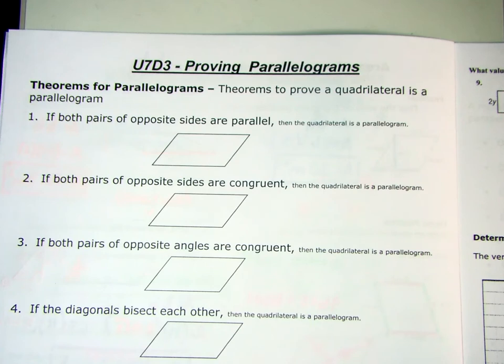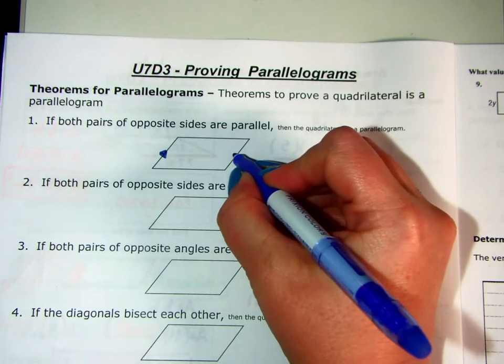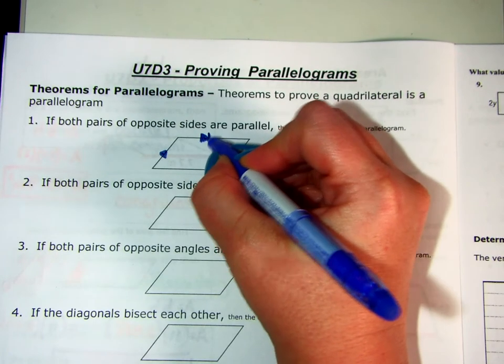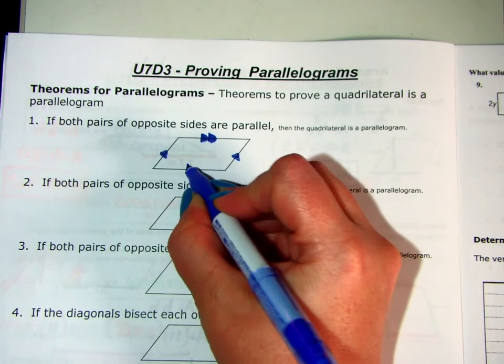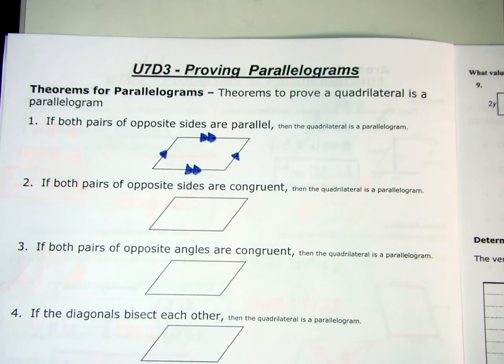So the first one says, if both pairs of opposite sides are parallel, then the quadrilateral is a parallelogram. If you look at a quadrilateral and you see markings that show this side is parallel to the opposite side, and this side is parallel to its opposite side, then we know we have a parallelogram.